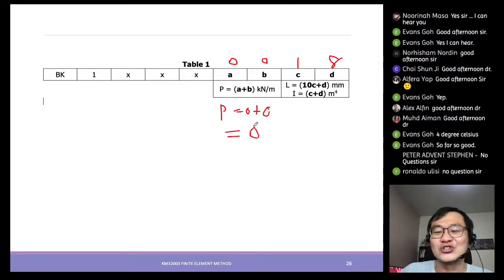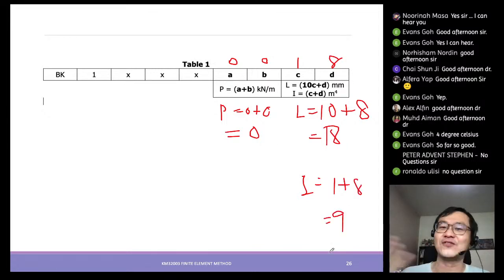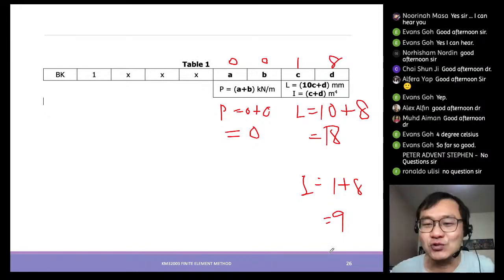Then this will equal 10C, 10 times C, C is 1, so it's 10 plus D, 8, which gives you 18. Then I is C plus D, so 1 plus 8. You don't tell me this is 18, this is 9. So this is how you can calculate your parameters and use them for your calculation in the exam. I hope that is clear for you during the exam time.